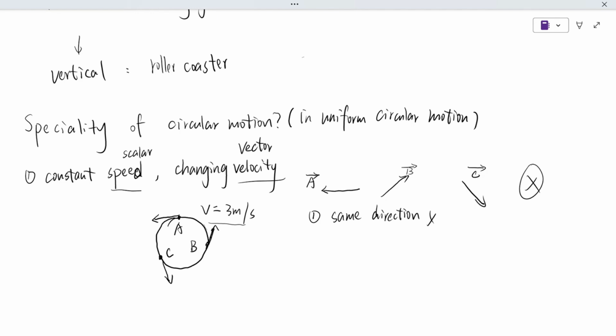No. The second thing is, do they have the same magnitude? Yes, they have the same magnitude, but they are not in the same direction, so they're not the same. So as you can see, in uniform circular motion, it has constant speed, but changing velocity.